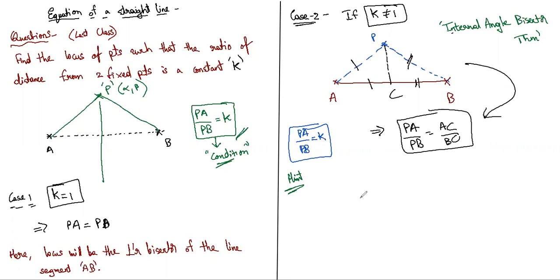I'm giving you a hint. You have a triangle, and from the triangle you are drawing the internal angle bisector. The hint is you just extend this side. Let us call this ABC.